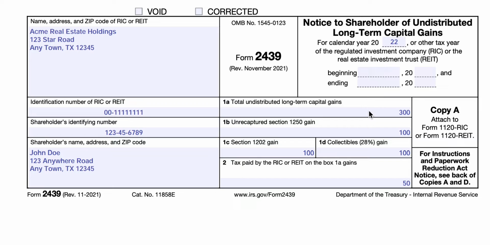Let's start by, we're going to go through the left side of the form first. We'll go over the tax information on the right-hand side, and then we'll briefly discuss taxpayer reporting responsibilities.